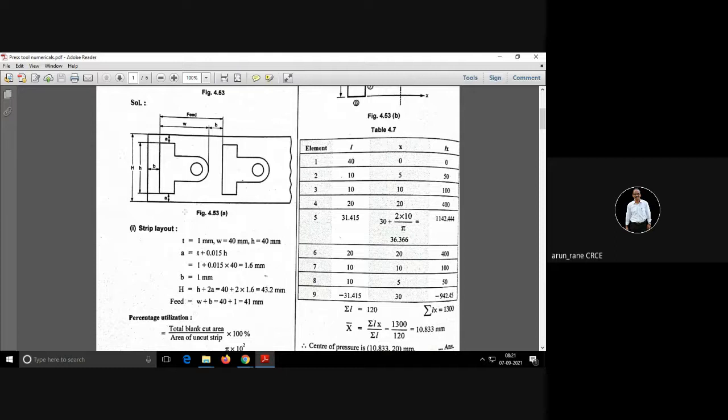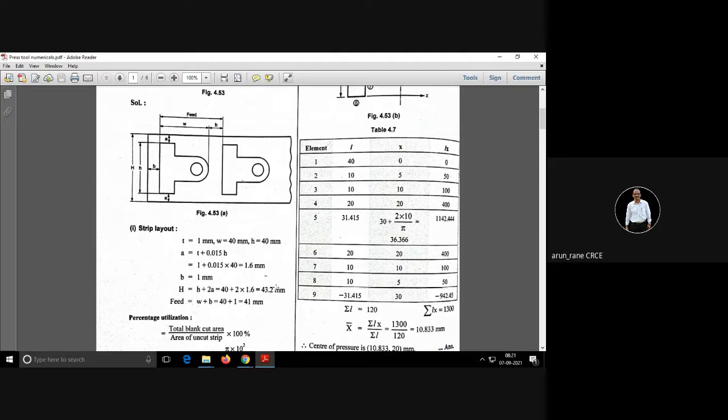As far as my knowledge is concerned, in the market after 40 you will get 42 and then you will get 45. So you will have to take the 45 strip. But here, for examination purposes, I am telling you what will happen in practice.